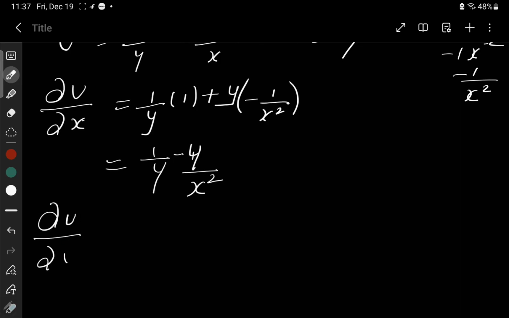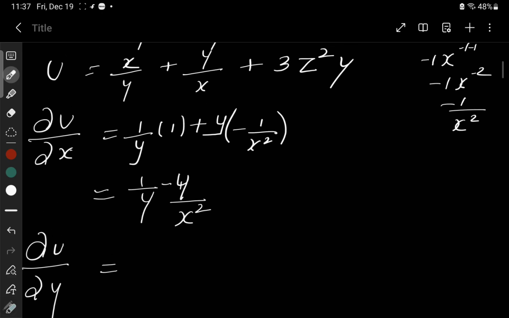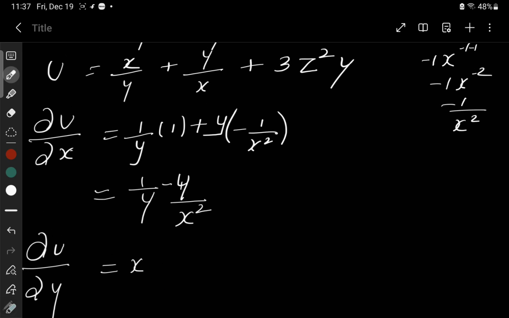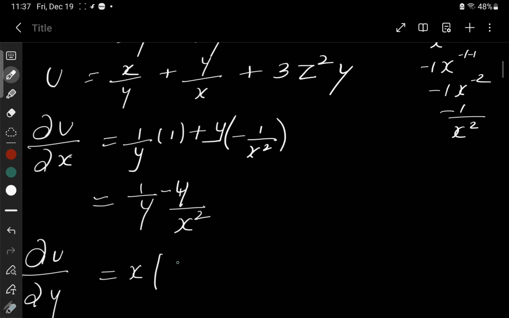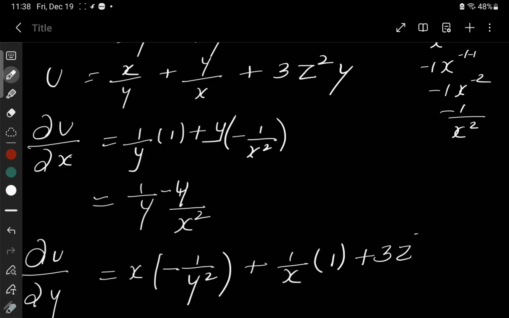Dou u by dou y. So again here you take x as constant, 1 by y. If you differentiate, just replace here x by y. So if I differentiate 1 by y, I'll get minus 1 by y squared, plus 1 by x is constant, y is in the numerator, so just 1 with respect to that, plus 3z squared constant.